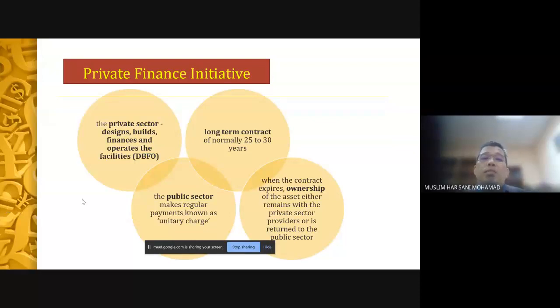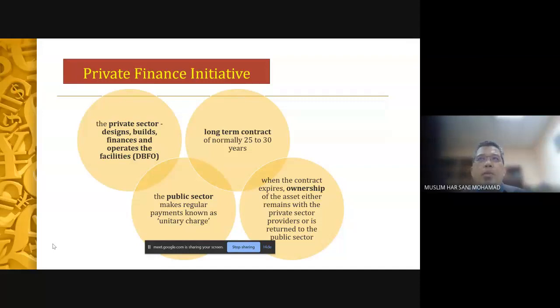The idea of a long-term contract is quite obvious, because all costs to develop the facilities are borne by the private sector. Definitely, as a profit-making entity, they have to recover their investment and achieve their ROI. So that's why the long-term contract, for them to get the income from the facilities, requires 25 to 30 years, okay?